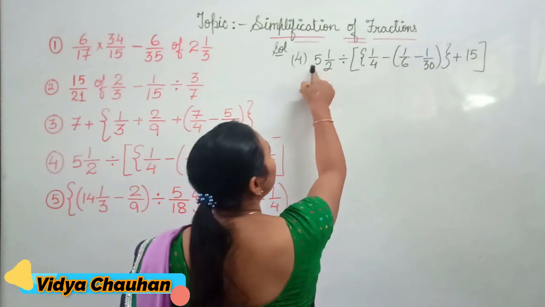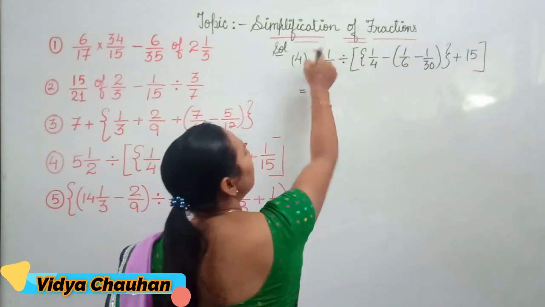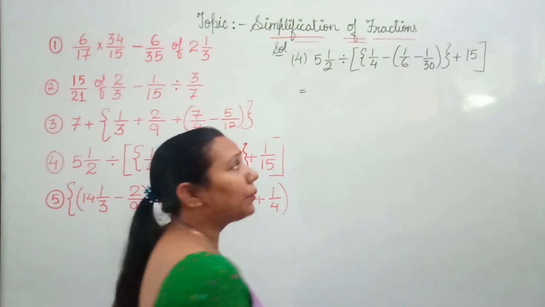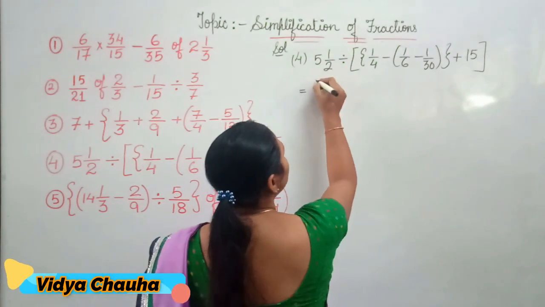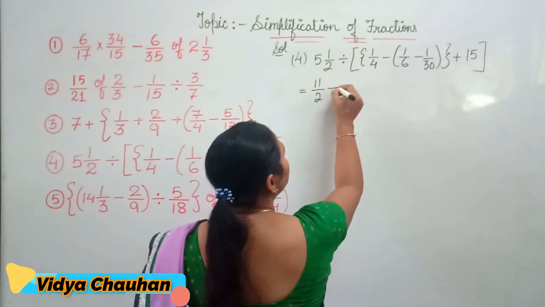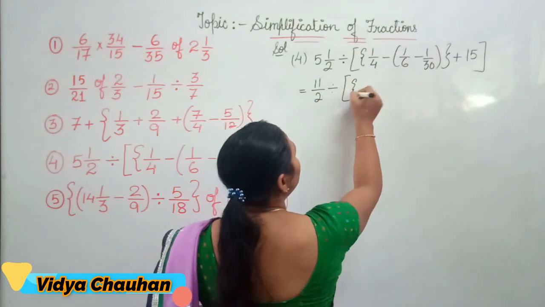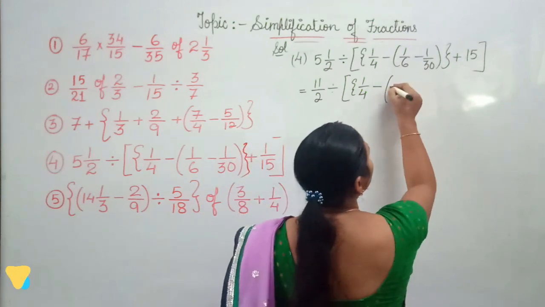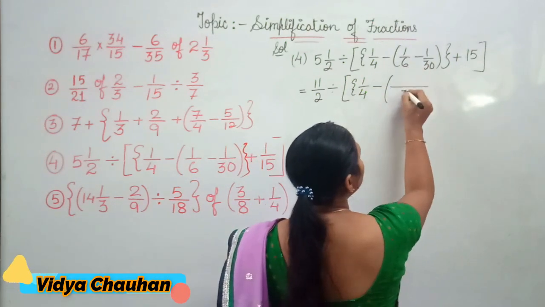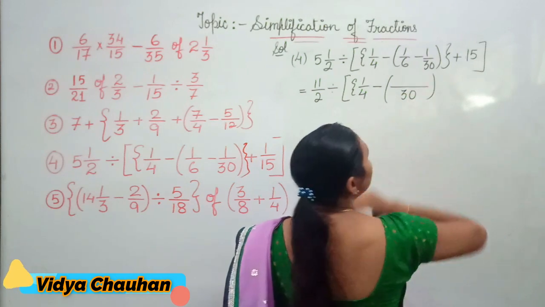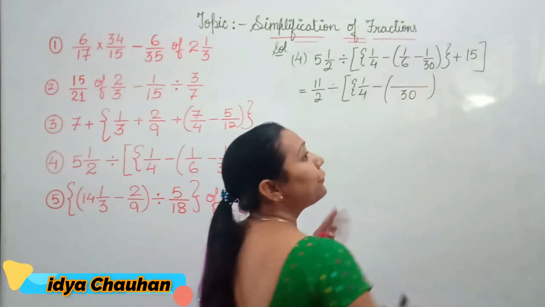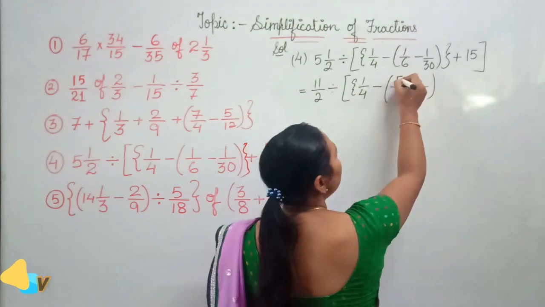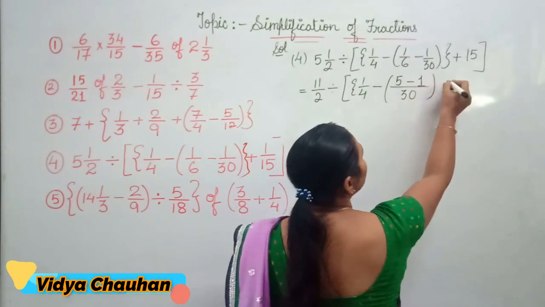Solving the small bracket, along with that I would like to convert this 5 1 upon 2 into its improper fraction. 5 2s are 10 plus 1, 11 upon 2, divided by curly bracket 1 upon 4 minus, solving this term here. The LCM of 6 and 30 will be 30. 6 times 5, or you can say 5 times 6 is 30, and 5 ones are 5, minus 1.